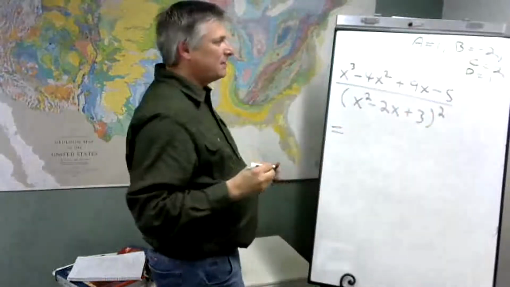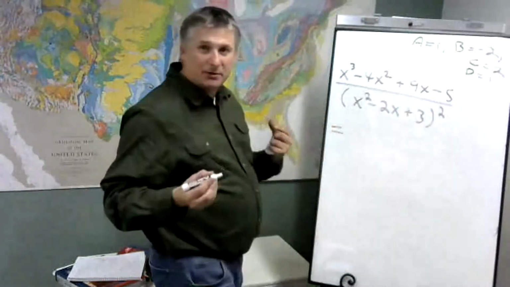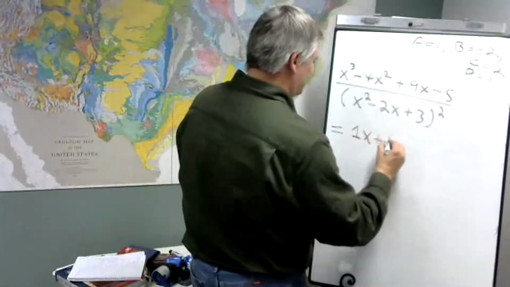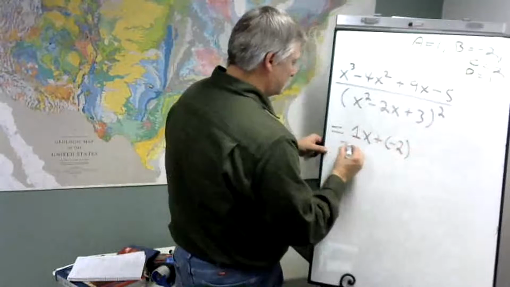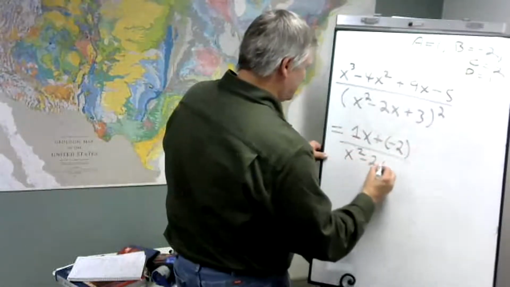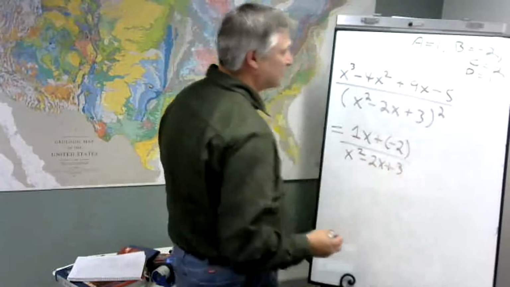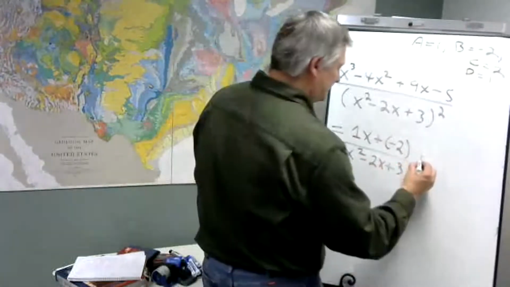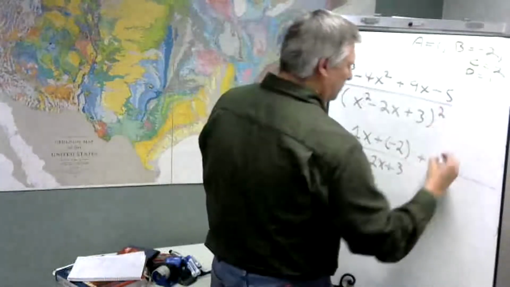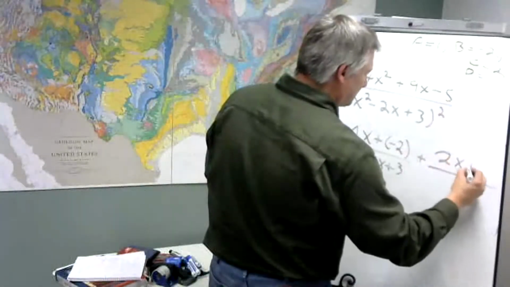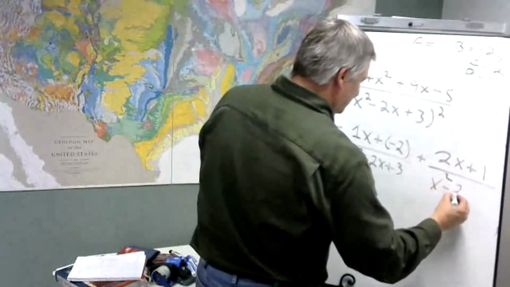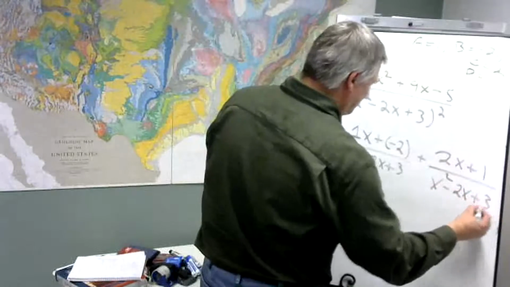And so this is going to be equal to ax plus b. So that's going to be 1x plus -2 over x squared minus 2x plus 3 plus cx plus d, or 2x plus 1, over x squared minus 2x plus 3.